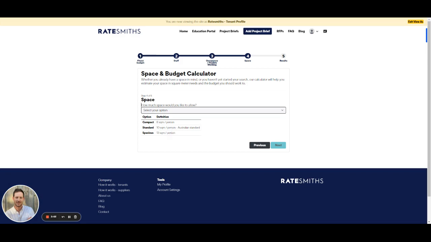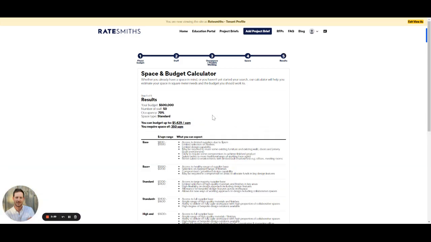In buildings where you're looking to push to one person per 8 square meters or one person per 5 square meters, you'll need to look at the mechanical systems and the fire egress to make sure that they are set to accommodate that density. For us at the moment, we'll go standard. As I mentioned, it's an Australian standard, one person per 10 square meters.